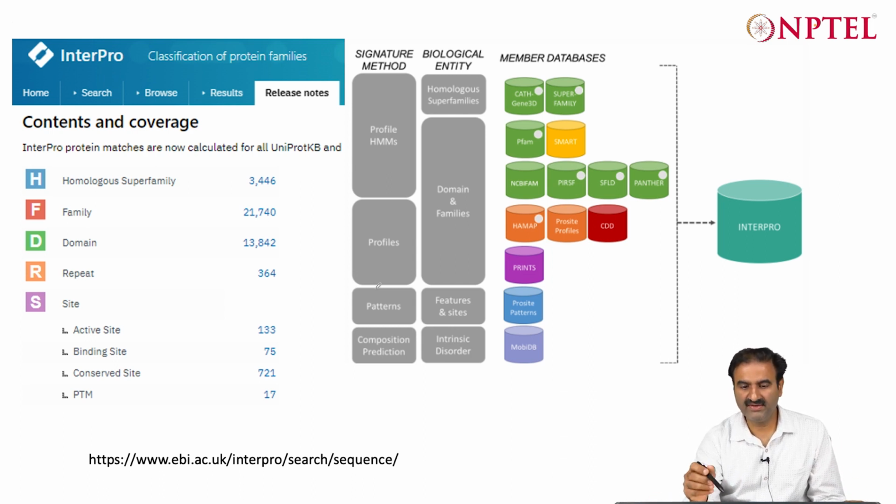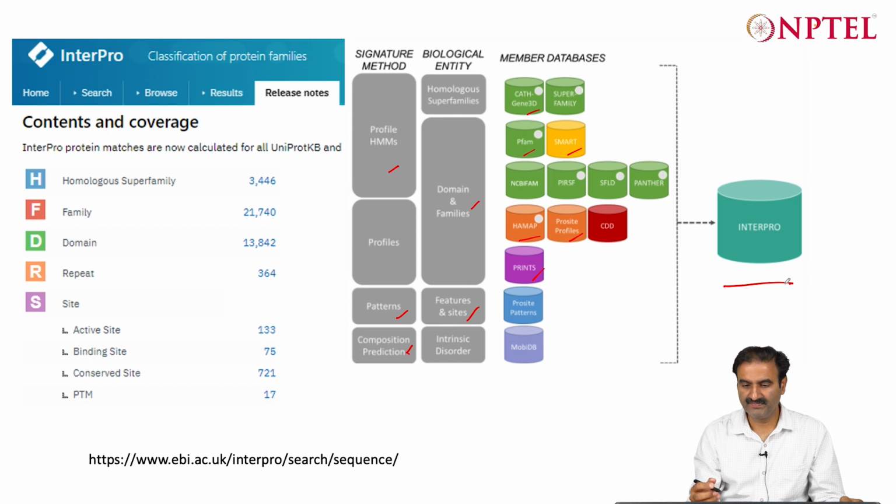You can see that it has signatures from profiles, HMMs, patterns, composition prediction, domains, families, features and sites, and the CATH database, Pfam database, SMART database, HAMAP database, PROSITE families, and PRINTS. A combination of all these are together in InterPro.